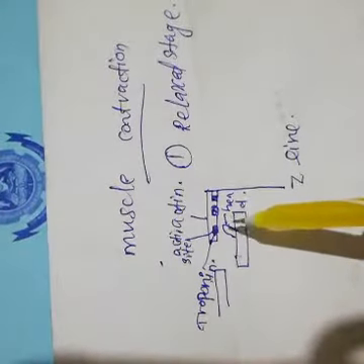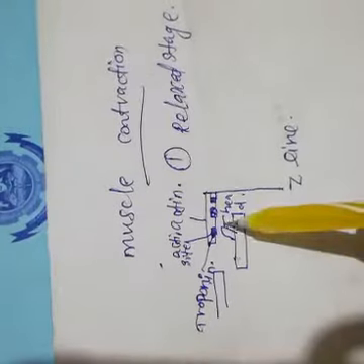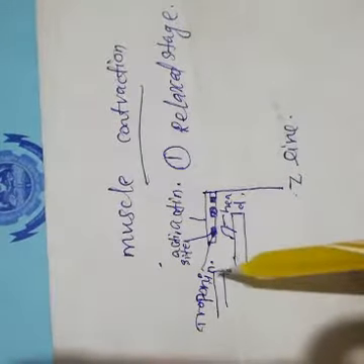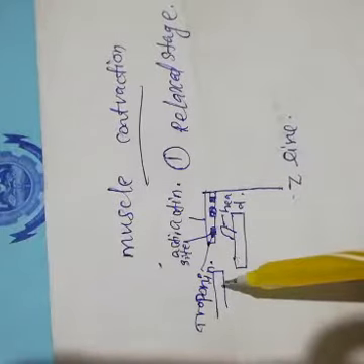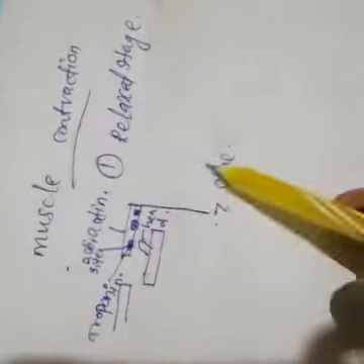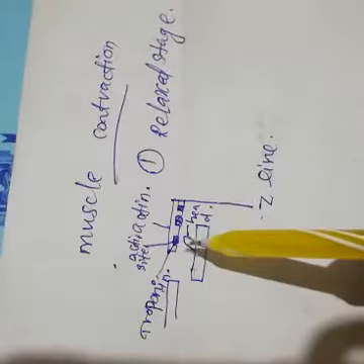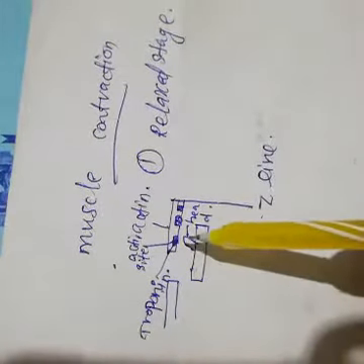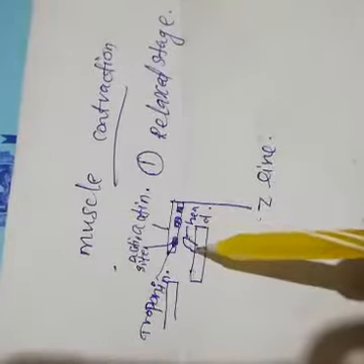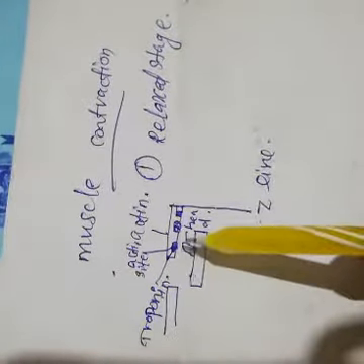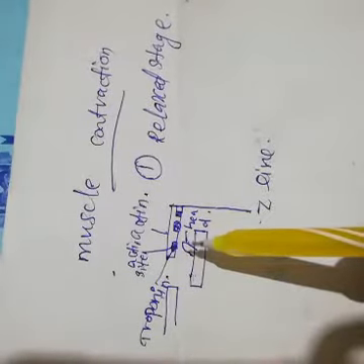In myosin we can find a projection called the head of myosin. Then we are taking one more actin on the opposite side. We should note that there is no connection between actin and myosin here. That is, there is no formation of actin myosin cross bridge here.